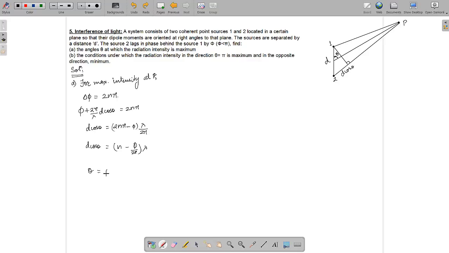Theta is cos inverse of (n minus phi by 2 pi) into lambda by d, where n equals 0, plus minus 1, plus minus 2, plus minus 3 and so on. So that is the angle theta where we get the maximum intensity.